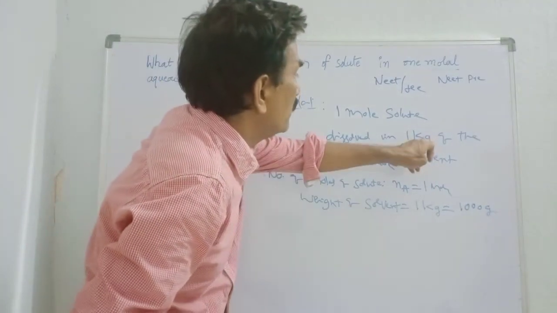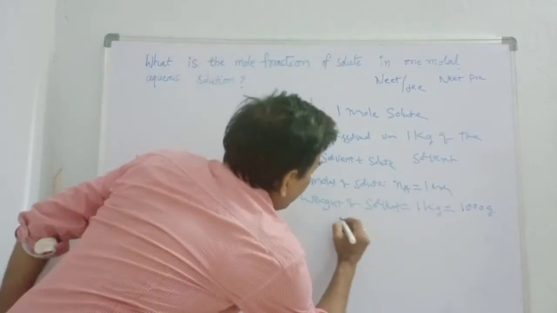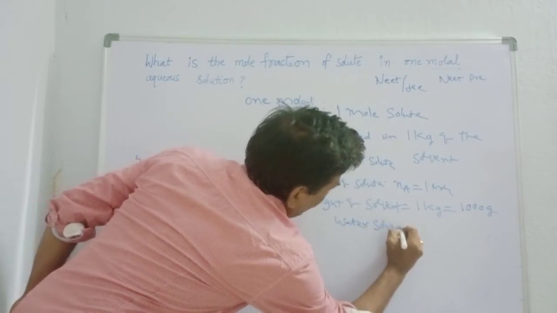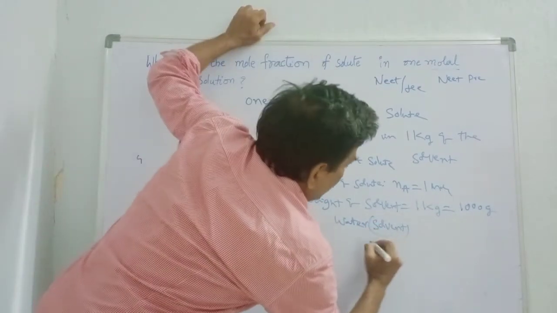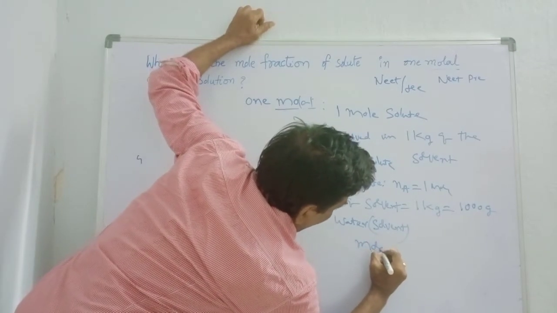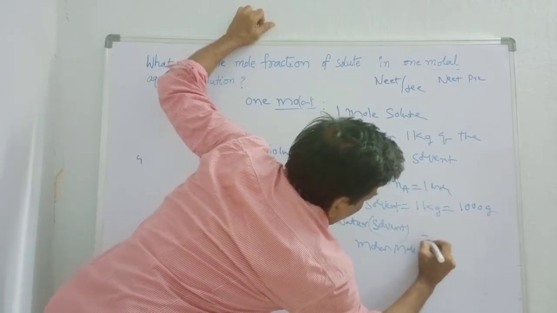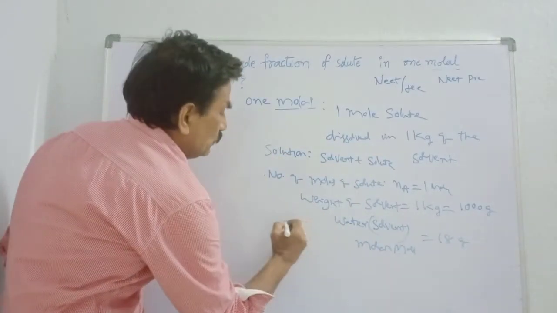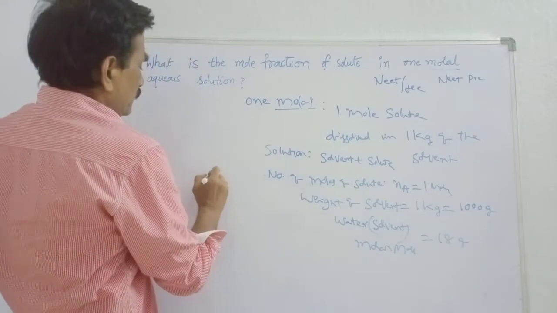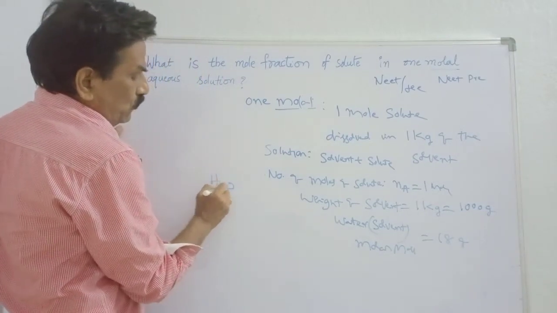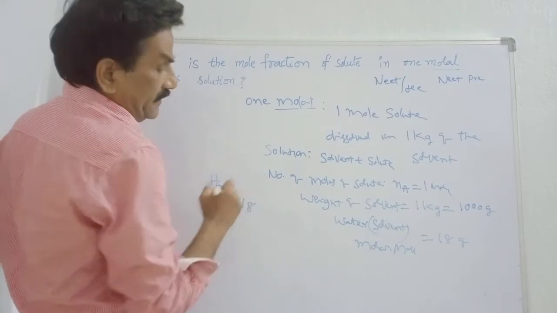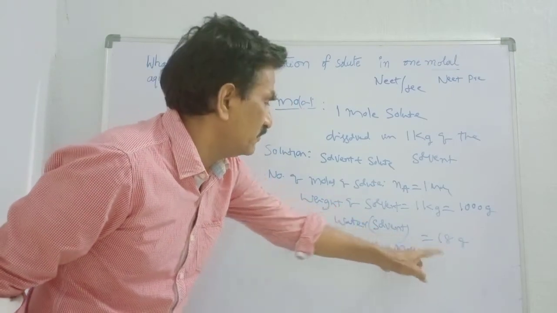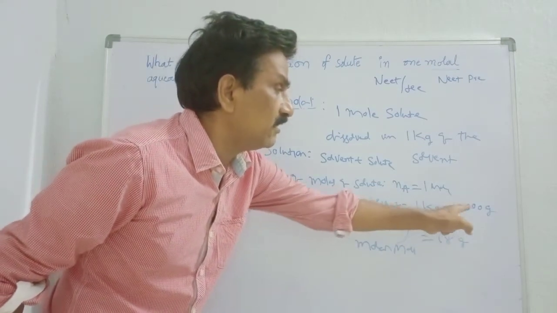Weight of the solvent, how much he has given? 1 kg. Water, that is solvent. Water means solvent. Molecular weight or molar mass, you can say how much? 18 grams. Water, H2O. You know very well. H2O, 2 plus 16, 18. So 18 grams. Solvent molar mass, 18 grams. Weight of the solvent, 1 kg or 1000 grams.